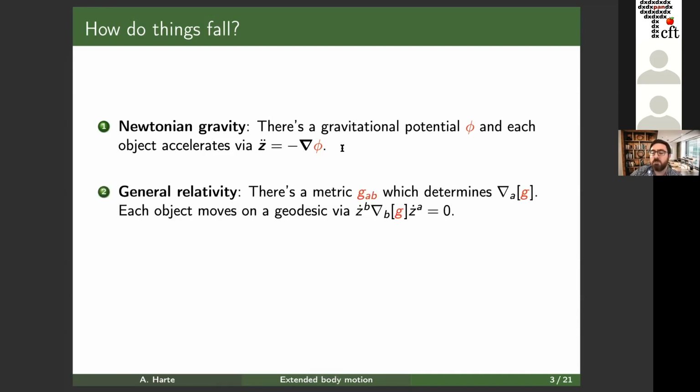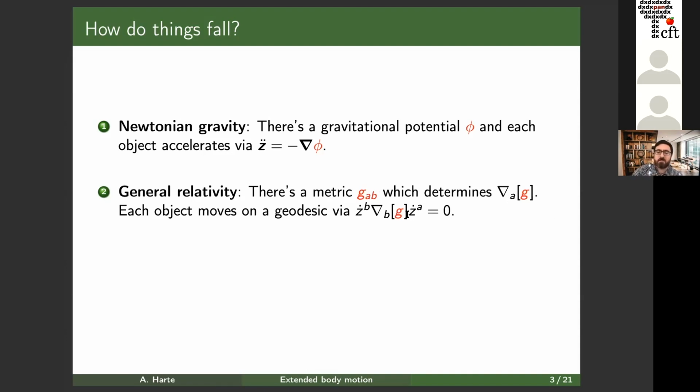So then you go to general relativity and you say, okay, what's different? Well, your conceptual picture of the universe is very different. You say that there's some space-time metric, g, which is dynamical, and then this determines for you some connection. But in the end, each object moves on a geodesic of that connection.